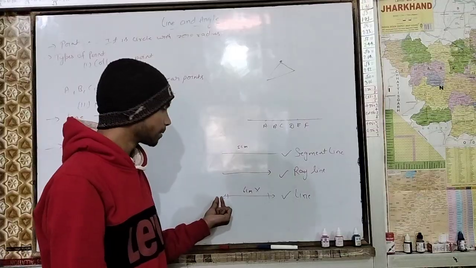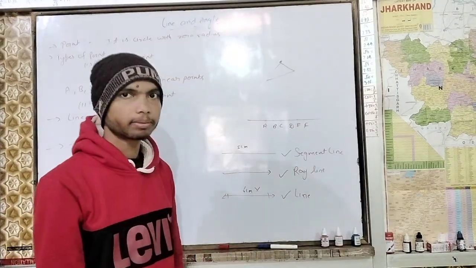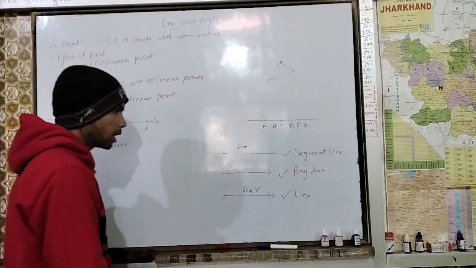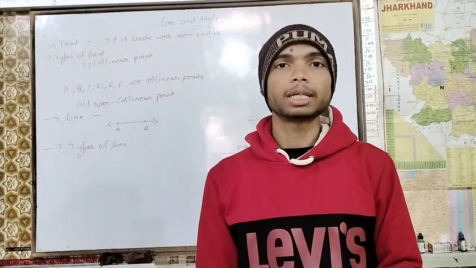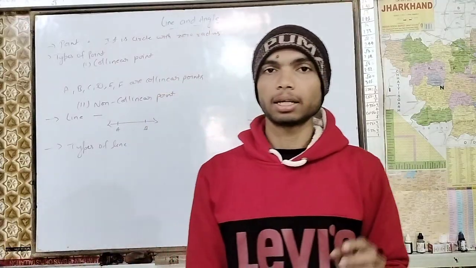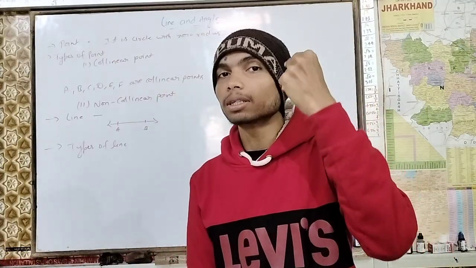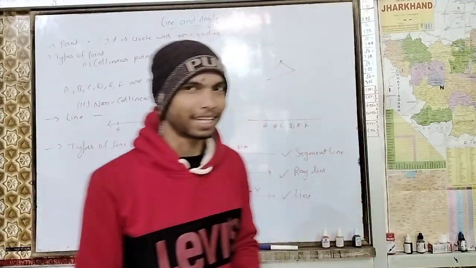This arrow side has no end, as well as this arrow side. A line whose both ends do not have an end will be our simple line.